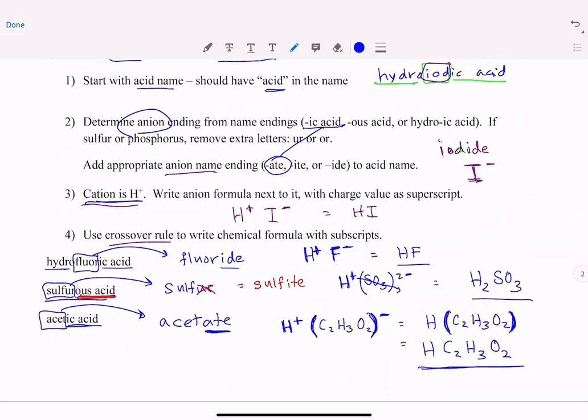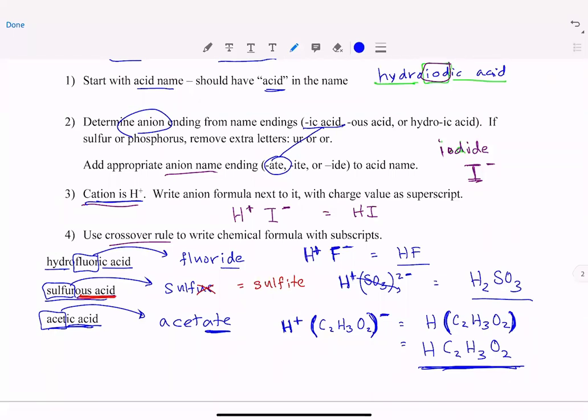I know that if you look up the chemical formula for acetic acid, you'll get something that looks different. But if you're following the polyatomic ions list for Chem 9, this is the correct answer. This is one where you are not going to break into the parentheses, even if they are not there.